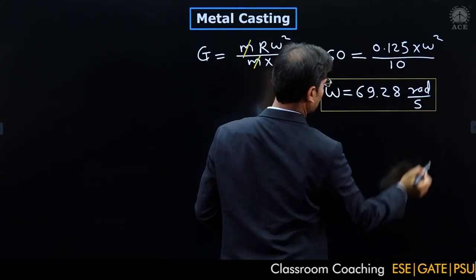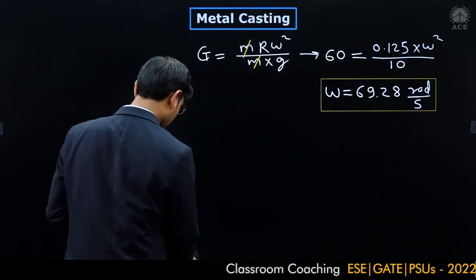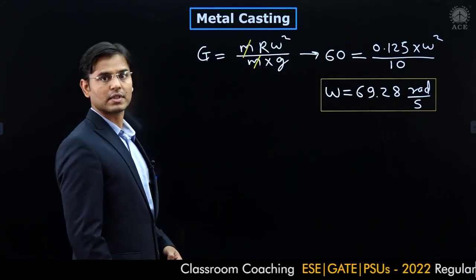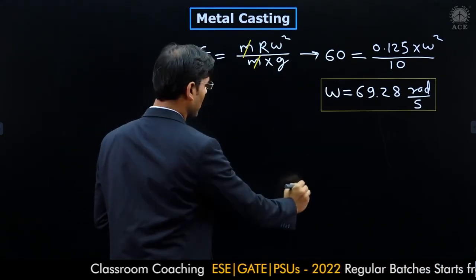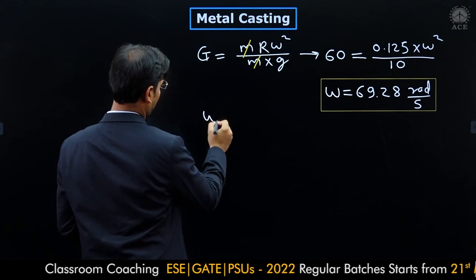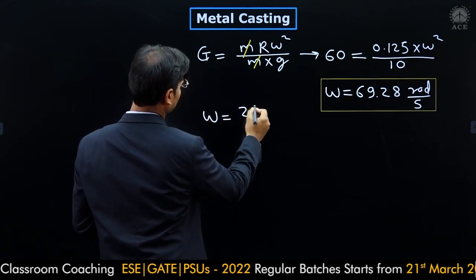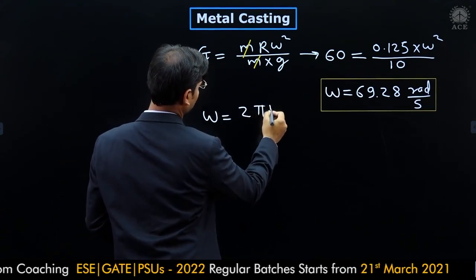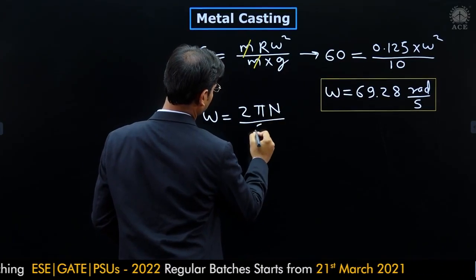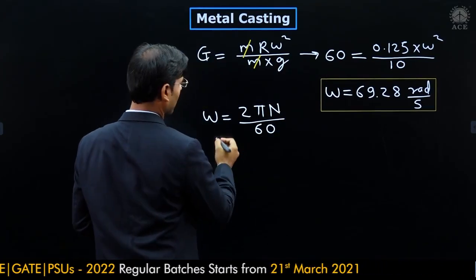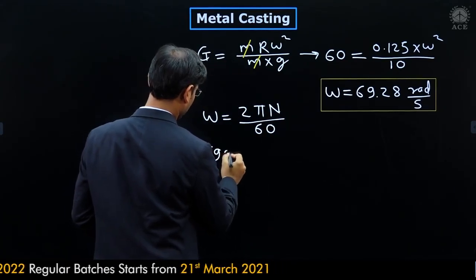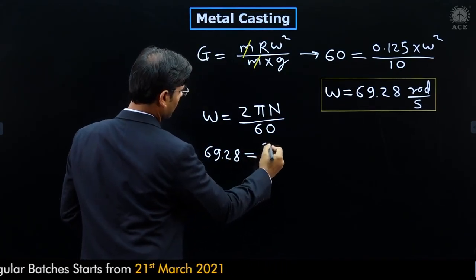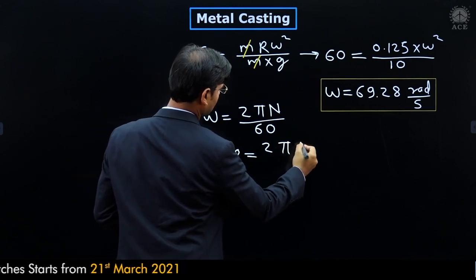Yeah, but what we have to calculate? We have to calculate the value of capital N. Now I am writing the formula for omega, 2 pi N by 60. Here, put the value of omega, that is 69.28, equal to 2 pi N by 60.